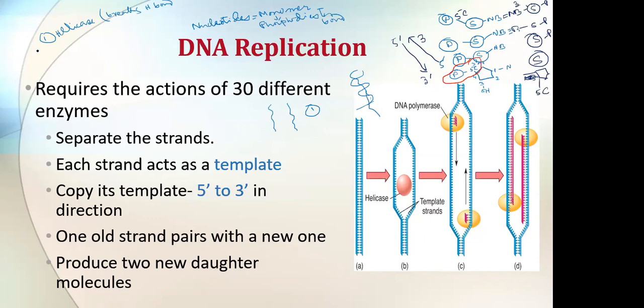Remember that these two strands are highly coiled, right? Because one chromosome is almost 3 to 6 meters long, and it has to fit inside a small nucleus. So they are really highly coiled and dense.